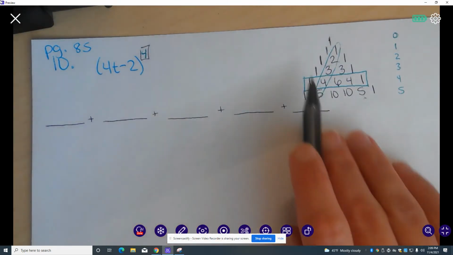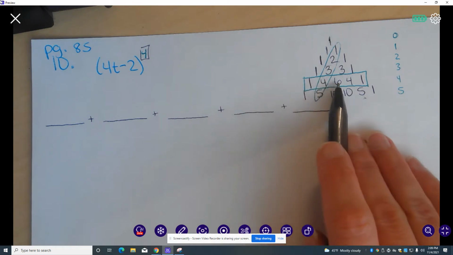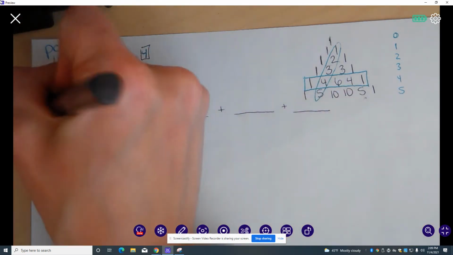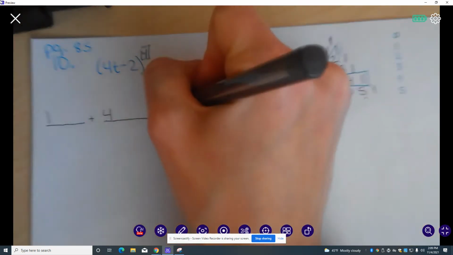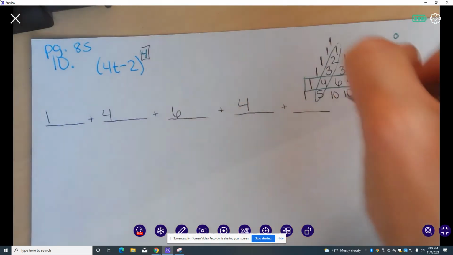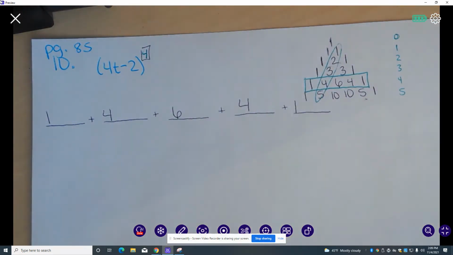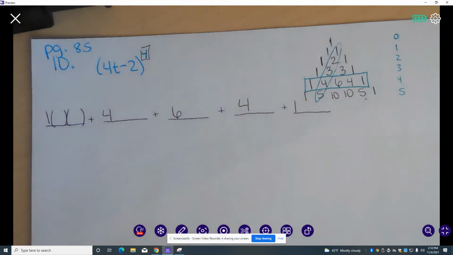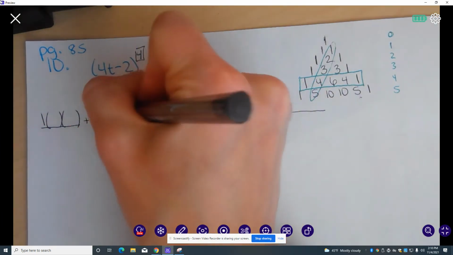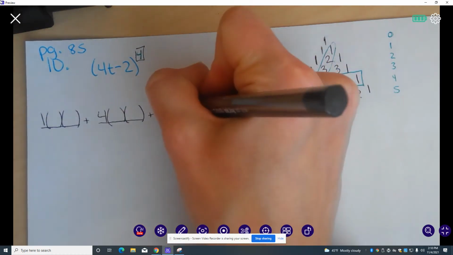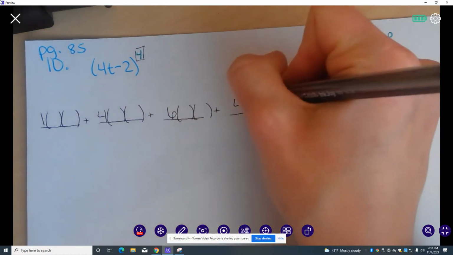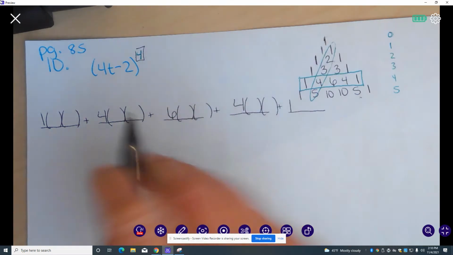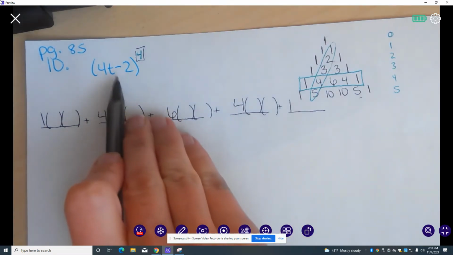So I'm going to write those out in order. 1, 4, 6, 4, 1. And then another good habit to get into is after you fill in the numbers, we're going to go ahead and put two sets of parentheses on each line, because this is where we'll put our numbers and our variables from here.